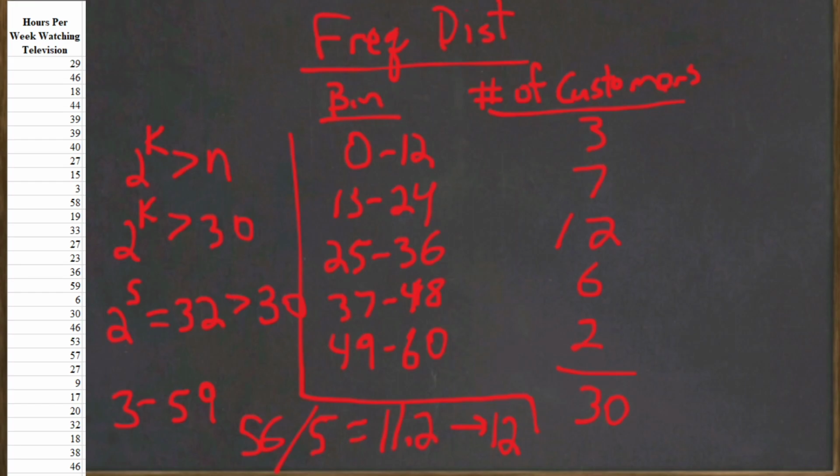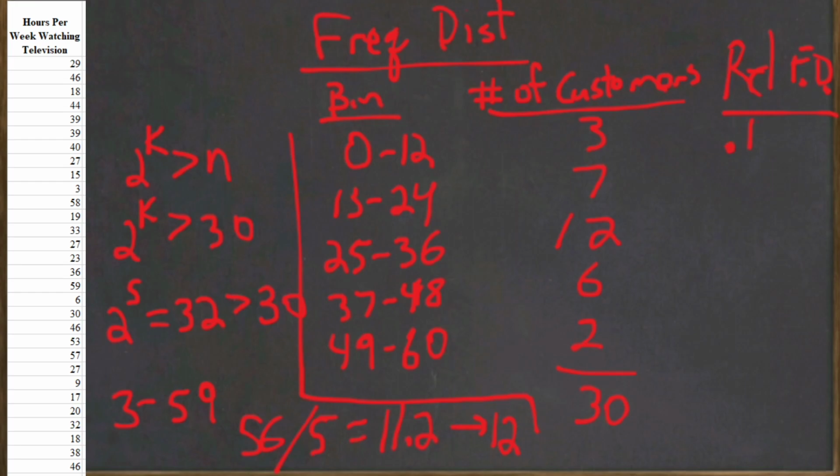A relative frequency table, relative frequency distribution follows directly as it did with the frequency table. The same thing happens here. The relative frequency distribution is just going to be, again, so this is going to be 0.1, right? So 3 divided by 30.